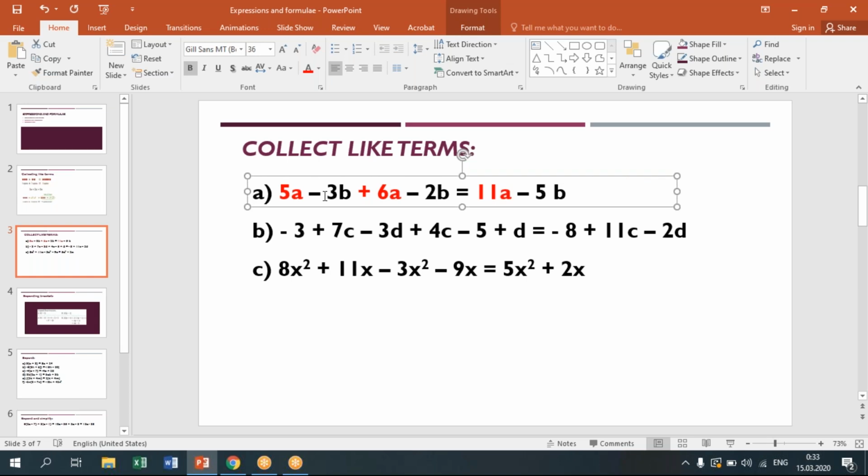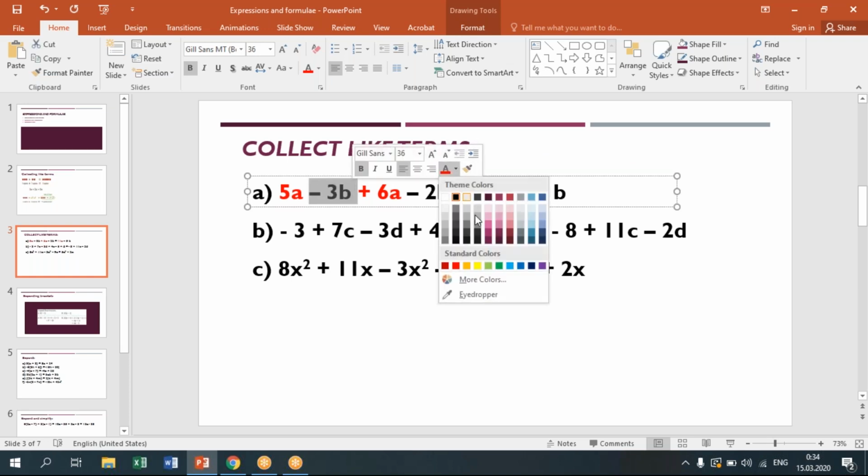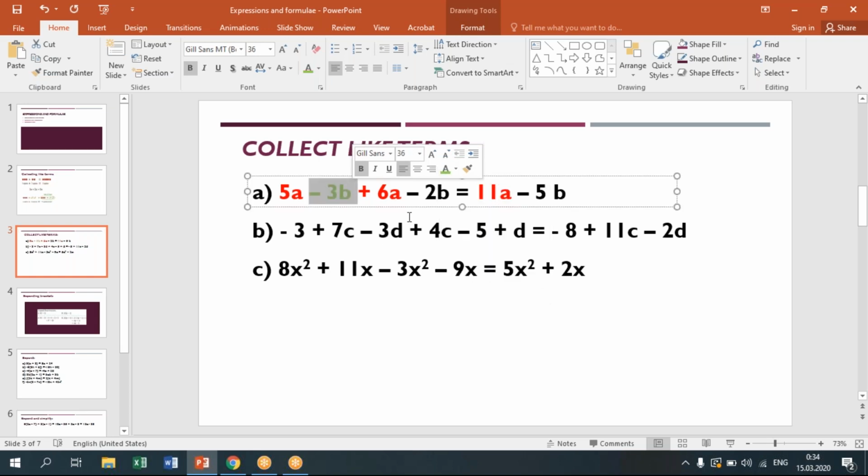The same thing will happen with another term. It will be negative 3b minus 2b. So negative 3 minus 2 will be negative 5b.